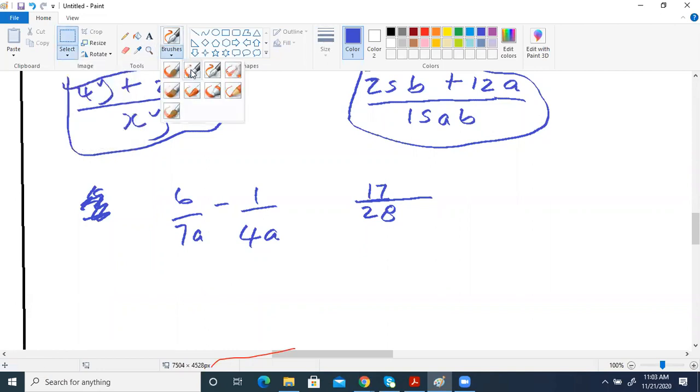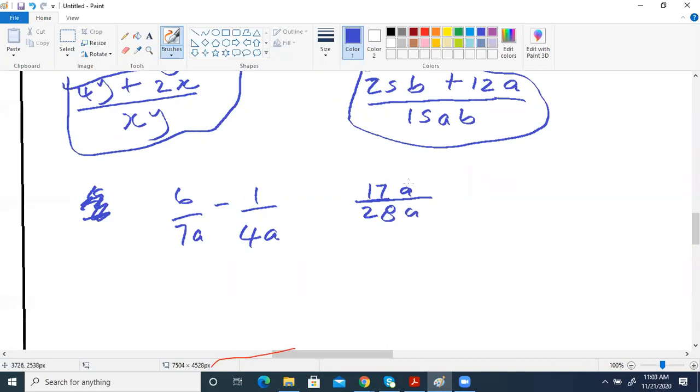24 minus 7 over 28. No. I'm hearing numbers, but I'm not hearing any letter. I see we have 7a, 4a. You tell me the letters disappear, you know the answer? Sir, I get 17a over 28a. 17a over 28a.